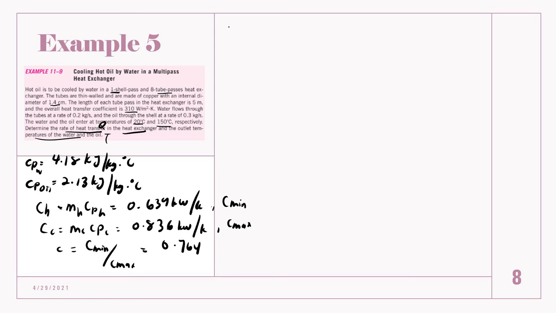So from here you can use the Qmax formula, Cmin times Th in minus Tc in. This formula you can see inside my previous lecture video. So this one you will get 83.1 kilowatt. Okay.